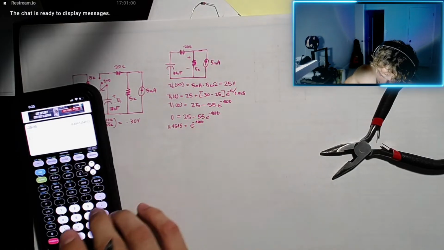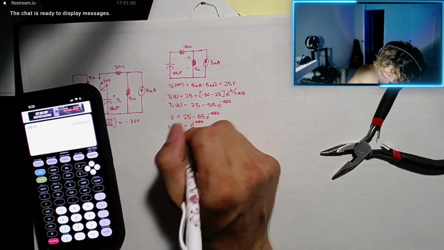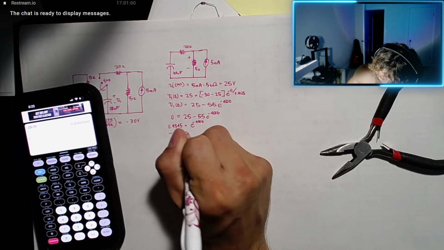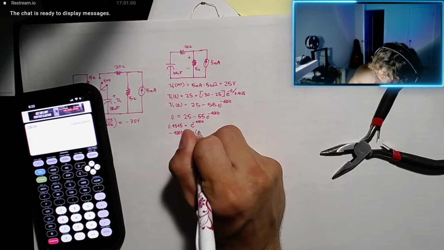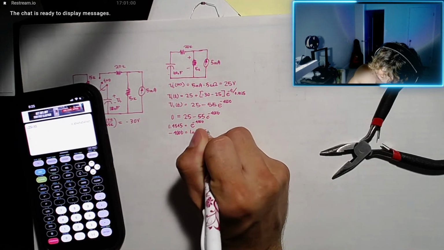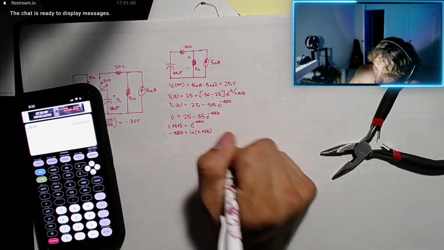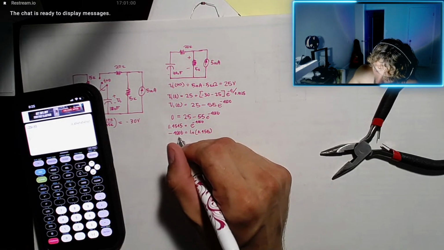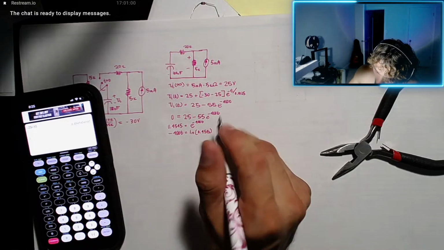Natural log. So negative 400 t equals the natural log of 0.4545.